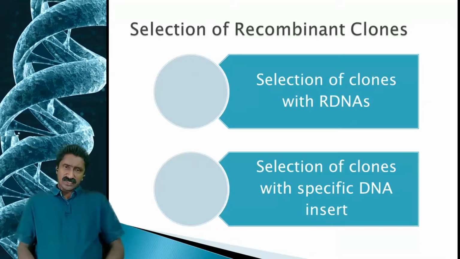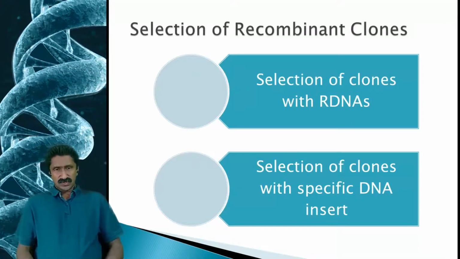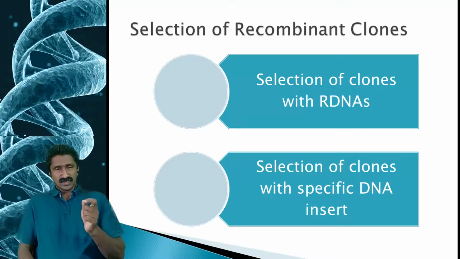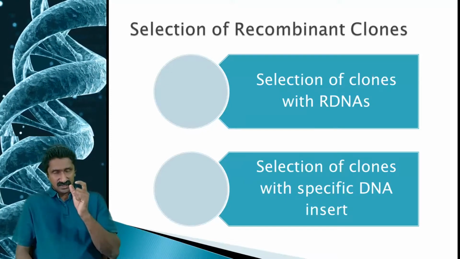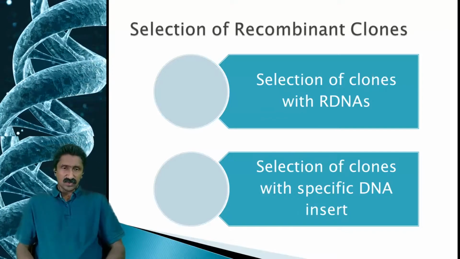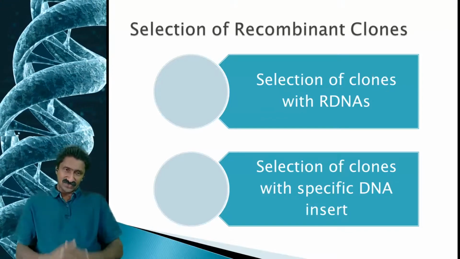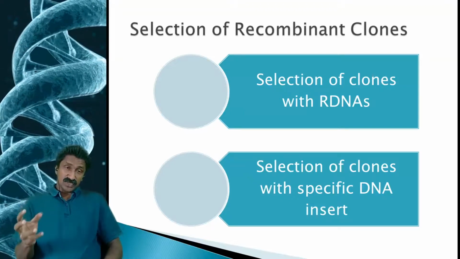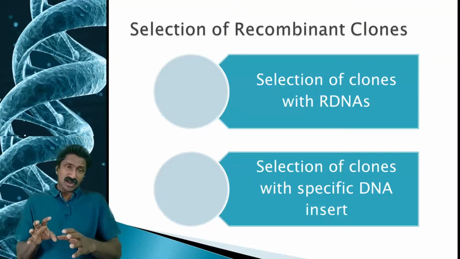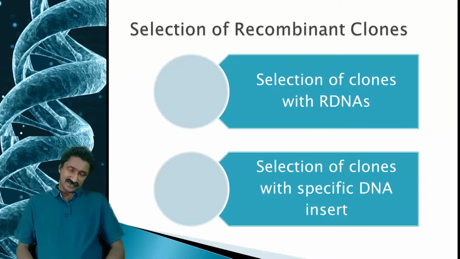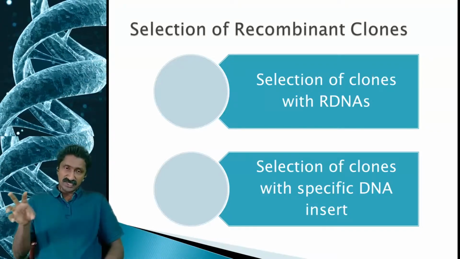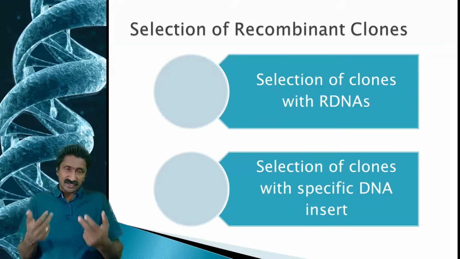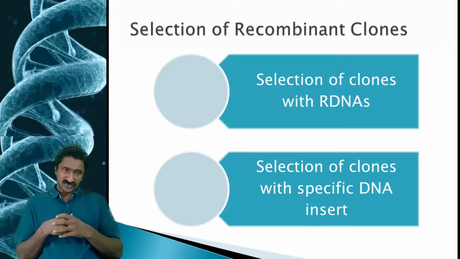Now, in the case of selection of the recombinant clones, we can have selection of clones with rDNAs, or selection of clones with a specific DNA insert. That means there may be some population of cells with some unwanted DNA constructs inserted. There is some rDNA inserted in those clones, but it is not the rDNA insert of our interest.